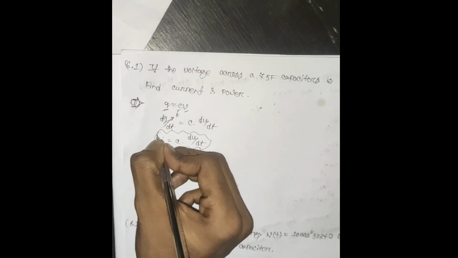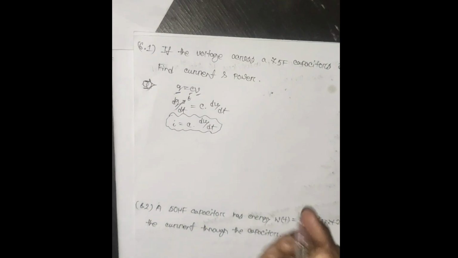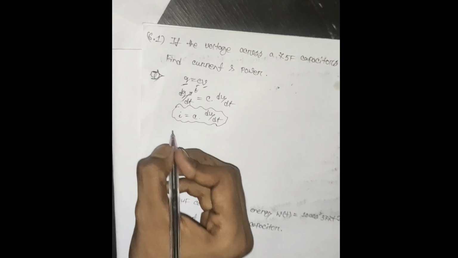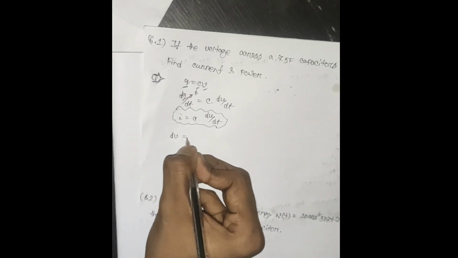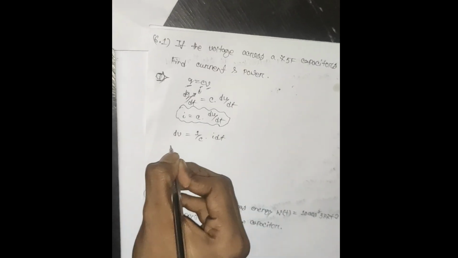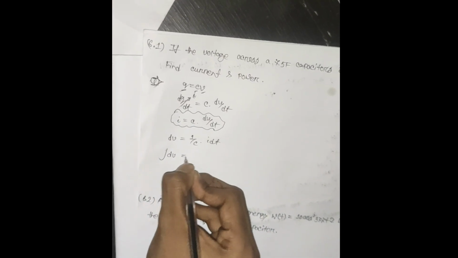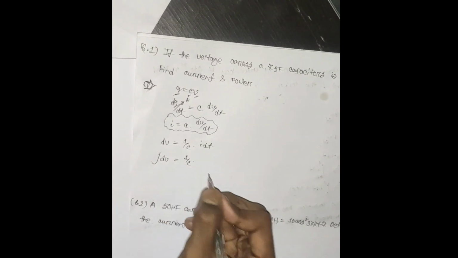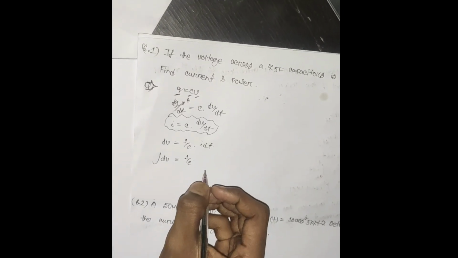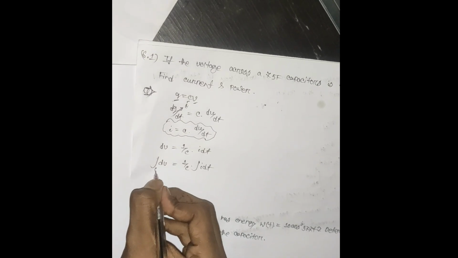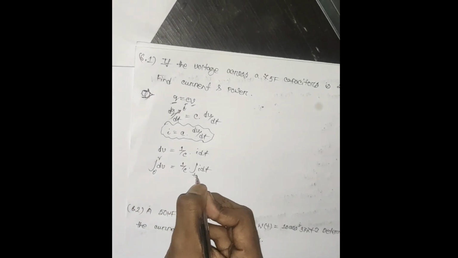That's the equation for our current. And if we want to calculate the voltage, we can simply integrate both sides. Let's simplify this. It will be dv equals 1 by C i dt. Let's integrate both sides. As 1 by C is constant, it will be out of the integration. So the limits will be 0 to V, and t naught to t.